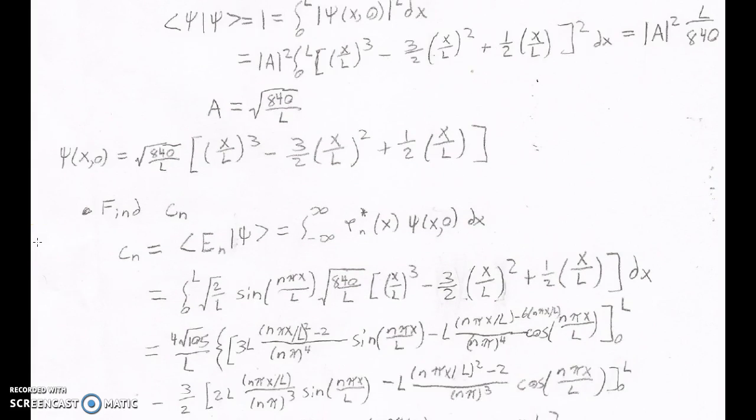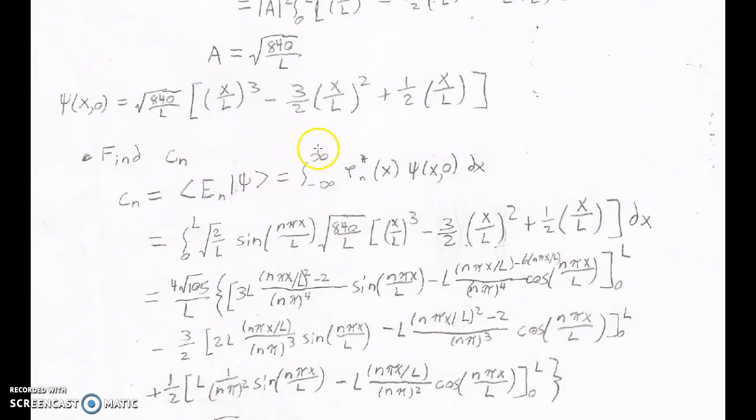So next we have to find the expansion coefficient, c_n. To do that, we're going to find the integral from negative infinity to infinity of, I forget what this symbol is called, of psi_n(x) times psi(x, 0) dx.